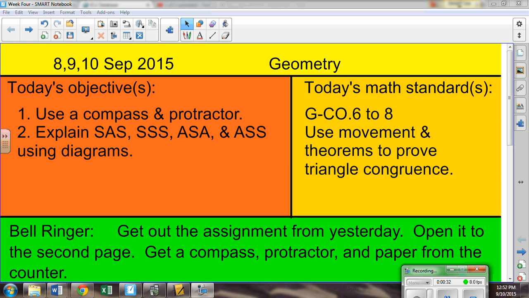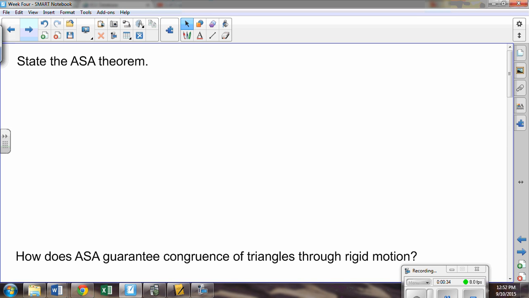So launching right into it, state the angle-side-angle theorem.